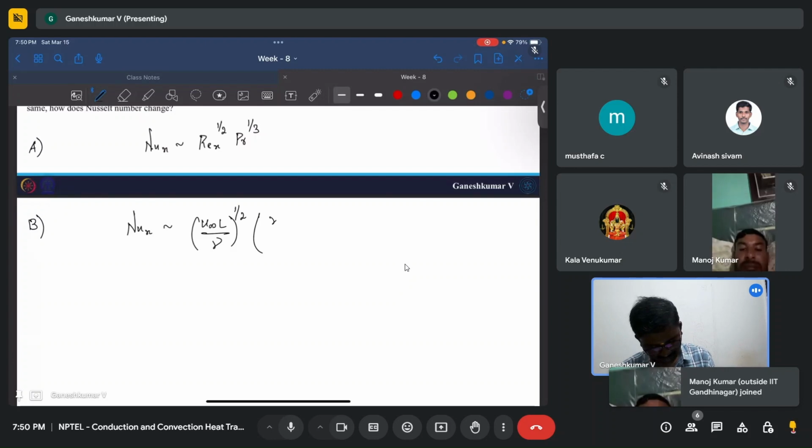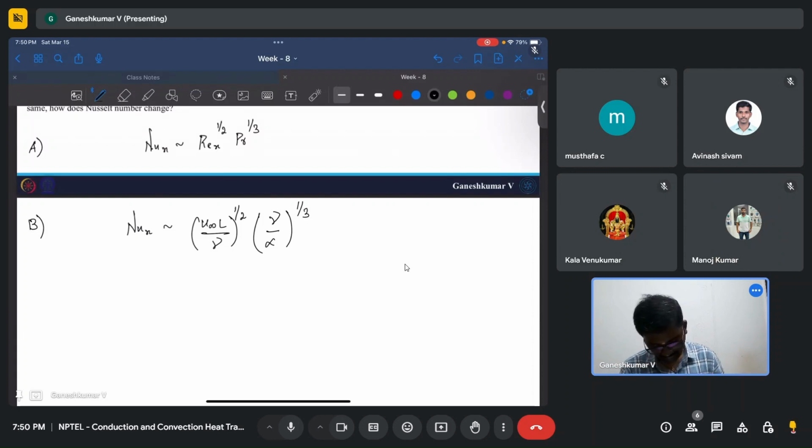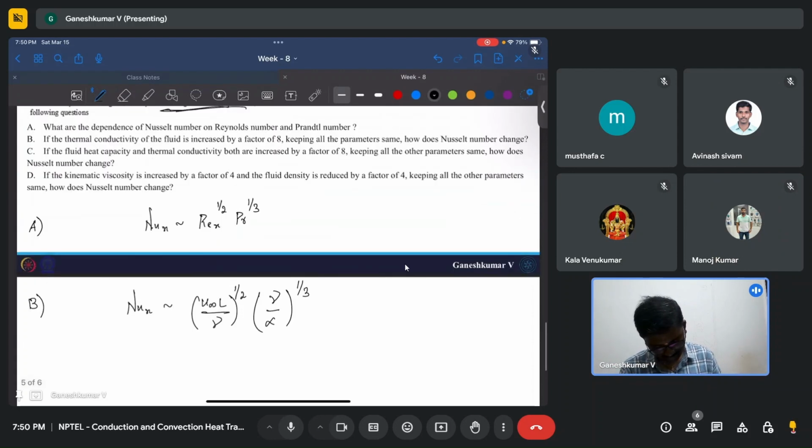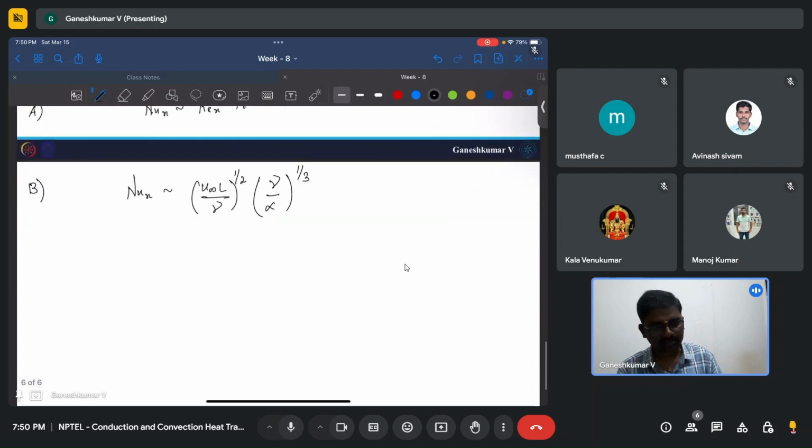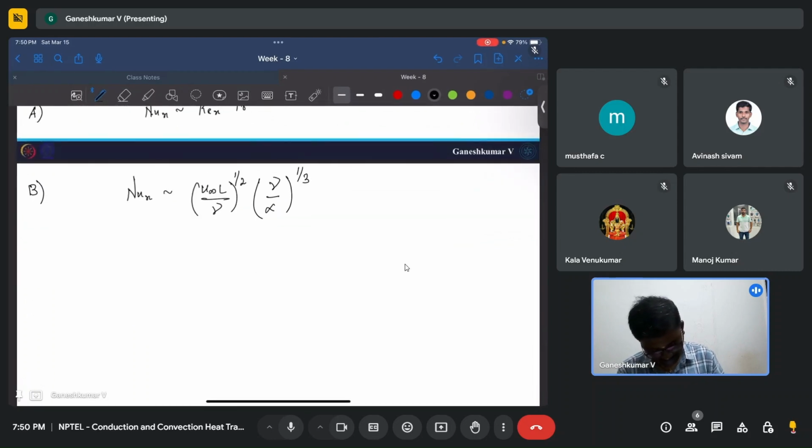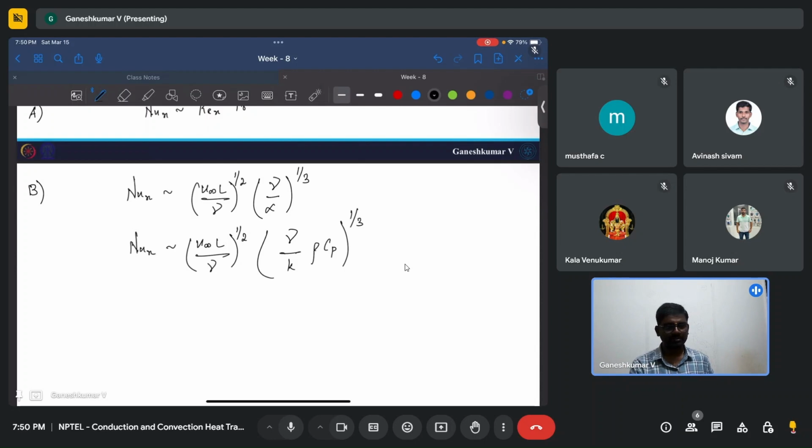Prandtl number is nothing but nu by alpha, power 1 by 3, right? I want to write alpha in terms of K and rho Cp. So it is U infinity L by nu power half and nu by K rho Cp power 1 by 3. This is your Nusselt number dependence on all the parameters and properties.